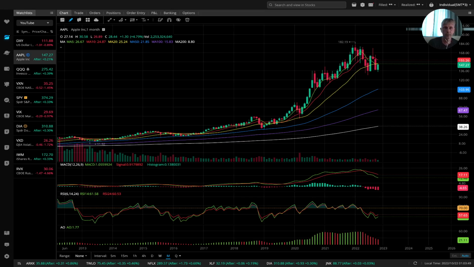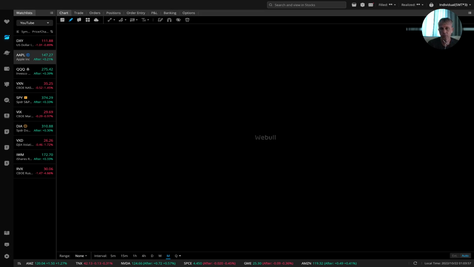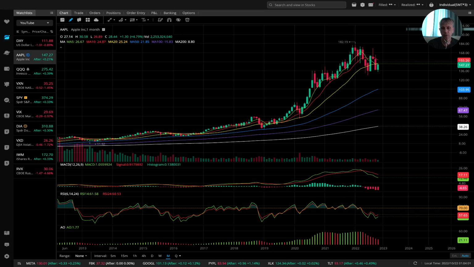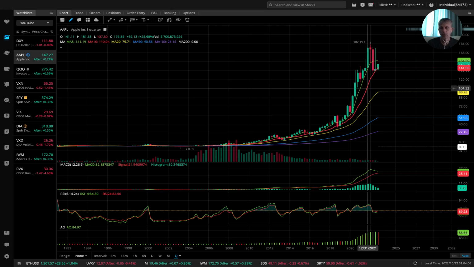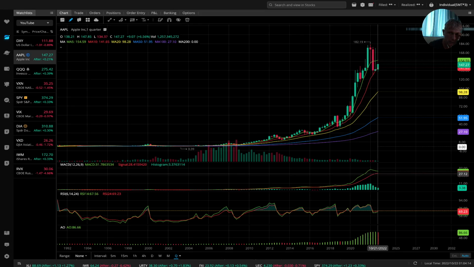Let's check weekly on Apple. Still bearish with bullish divergences. Monthly, just bearish. Quarterly for Apple, still bullish. We'll see if it wants to do a bearish confirmation. It's not done yet.